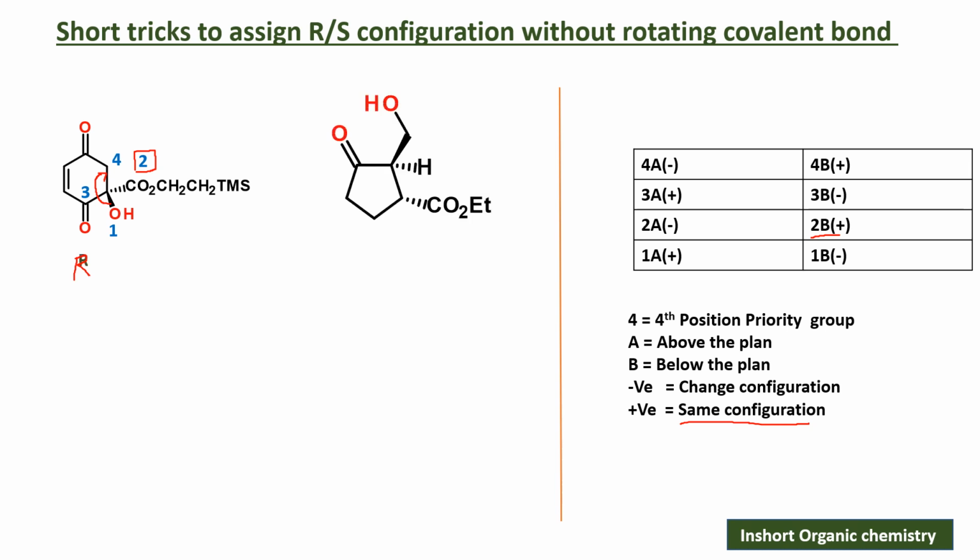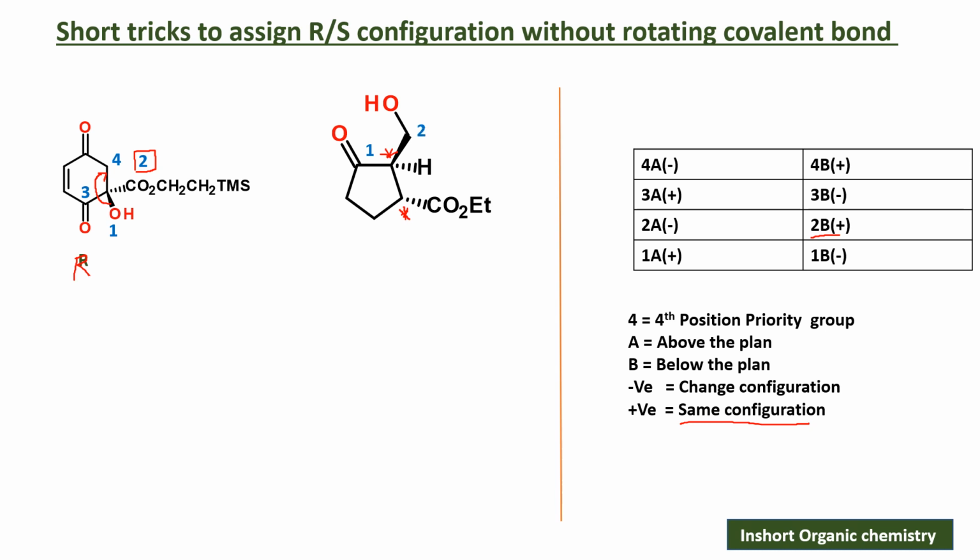Then the next example is this 5-member compound. Here there are 2 chiral centers. So I am assigning this chiral center. You can also assign the configuration for the other chiral center. So let's start with the priority. First priority will go to this carbon having 2 oxygen.